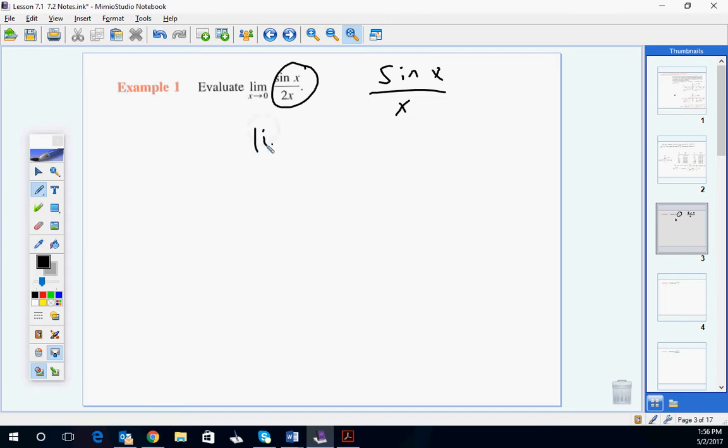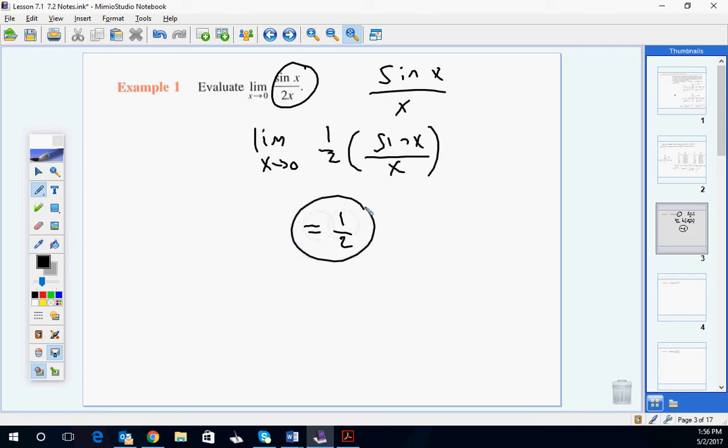Because remember, back when we were doing the beginning of limits, we can limit these separately. So that's not a problem. What we know now is the limit as x goes to 0 of this is just 1/2. It's a constant, and the limit of a constant is the same constant. This is 1. So your answer is 1/2. You pulled the 1/2 out to use the formula that sine x over x is 1.